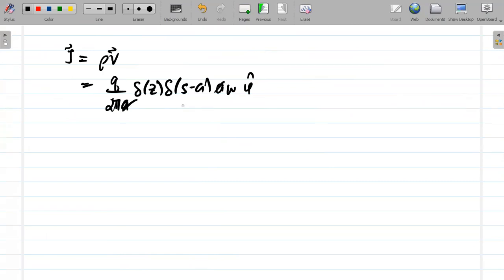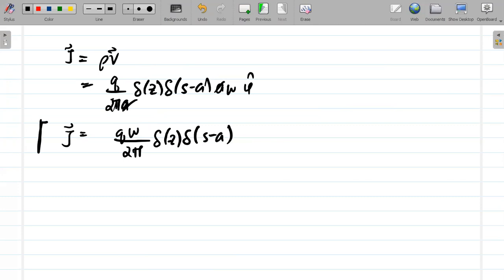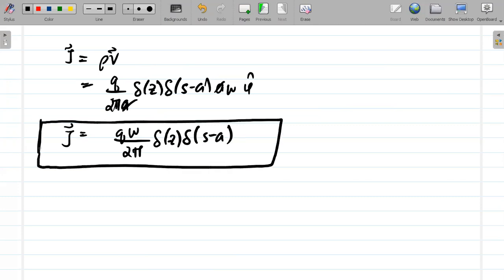Magka-cancel yung A. Therefore, ang current density natin, Q omega over 2 pi, delta Z, delta S minus A. So yan na yung current density for the system.